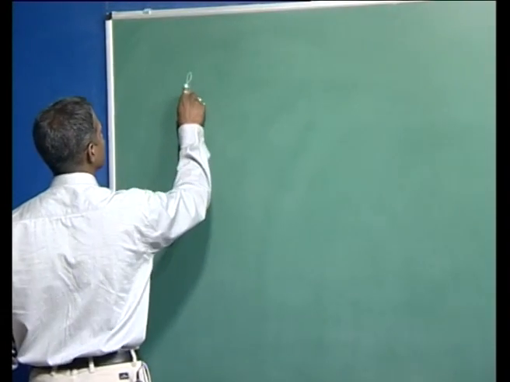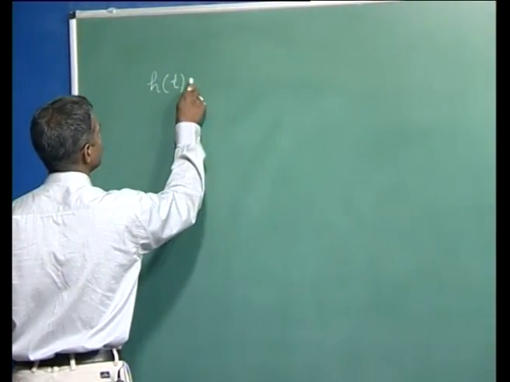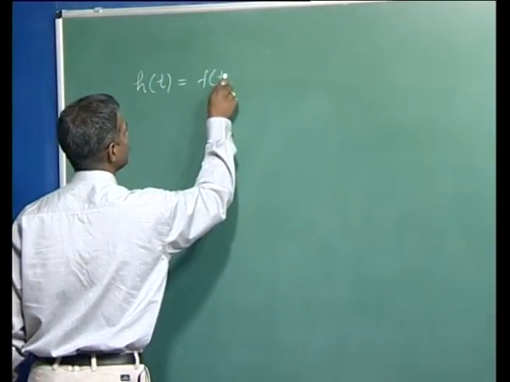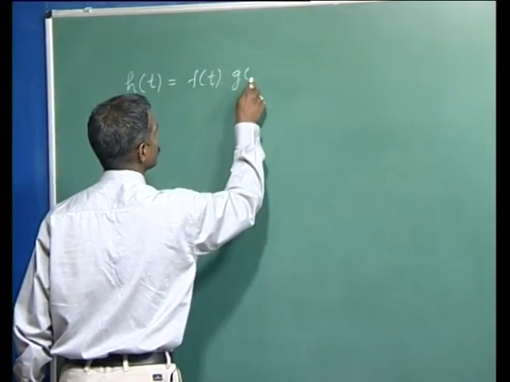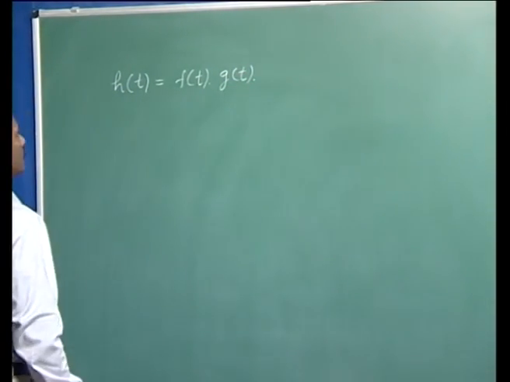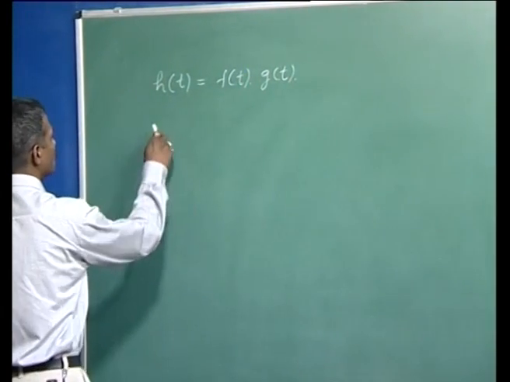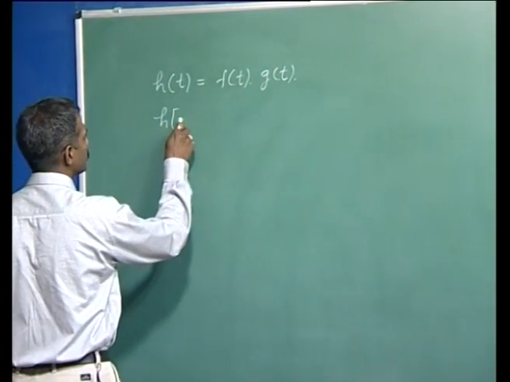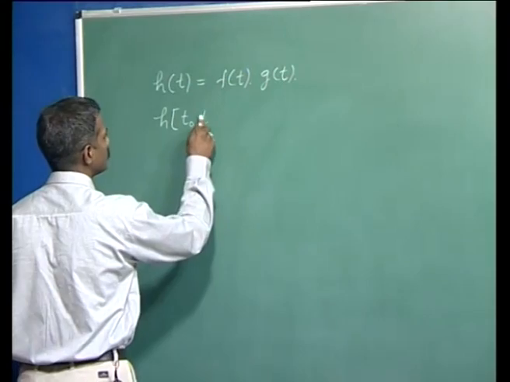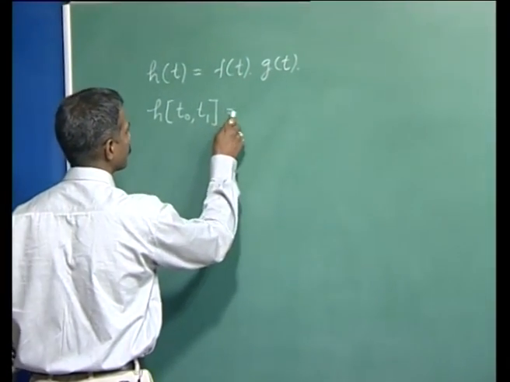Although this result is true for a generic case, I'll show that this result holds for the first few cases. So h(t) equals f(t) times g(t). Let's look at what h[t0, t1] is.